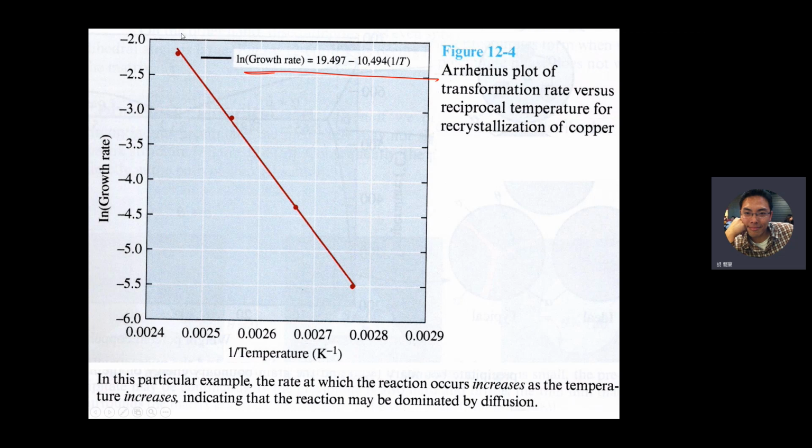Usually we'll have the temperature in Celsius on the top, but it doesn't matter. So we can have a specific temperature, and we get the specific growth rate. So this figure will help the company or industry for their processing.